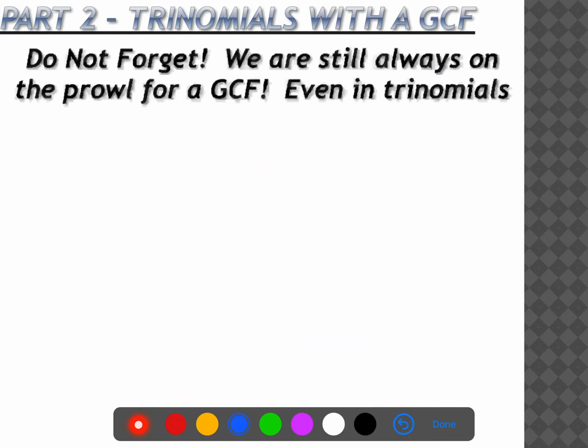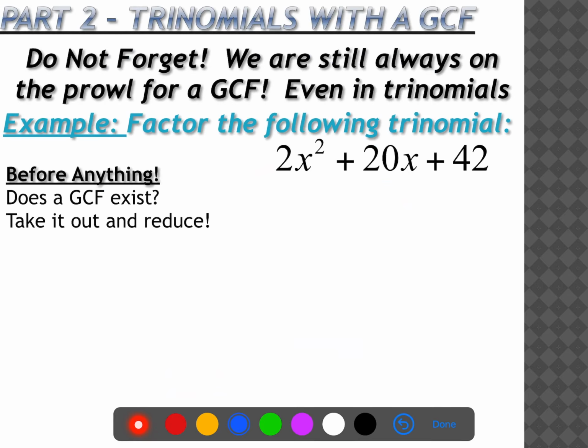All right, so the very last thing we have to talk about here is incorporating greatest common factors into these. So remember, every time you start a problem, you technically want to check it for a GCF. Now, we were focusing on the magic method in our first few examples, which is why I didn't talk about it with you.